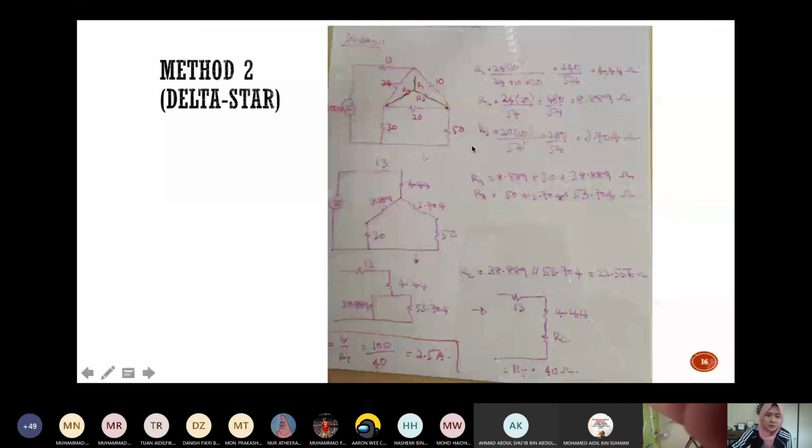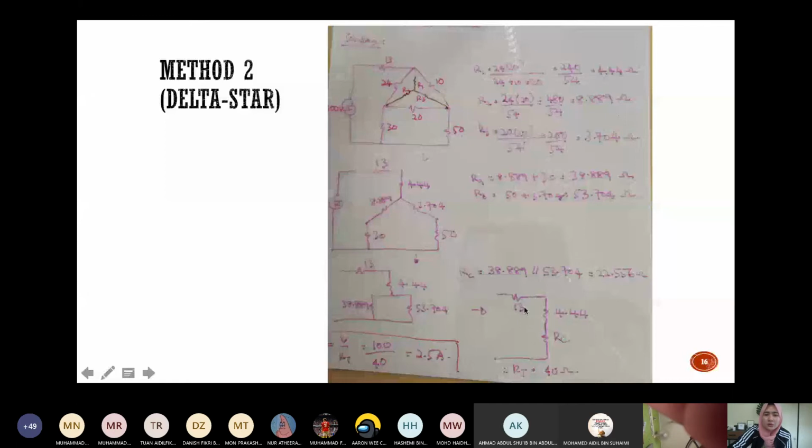So this one, you know that 50 is in series with 3.704. That's why you get 53.704. Over here, in this branch, 30 is in series with 8.889. So that's why you get 38.889. Then you know that this resistor is in parallel with the other resistor.